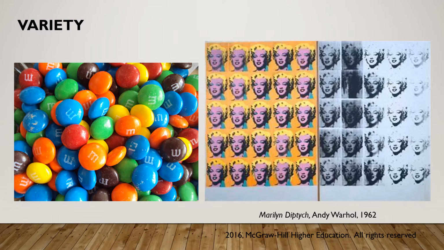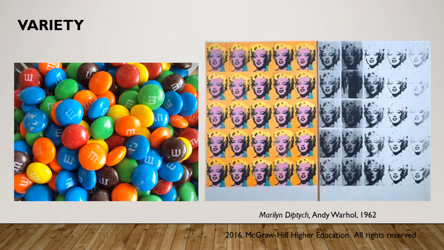Andy Warhol's Marilyn does something similar. He uses the same image of Marilyn Monroe over and over again. But as this is a screen print, he was able to do some manipulations with it. The portion of it on the left is all in color, and those are exactly the same.